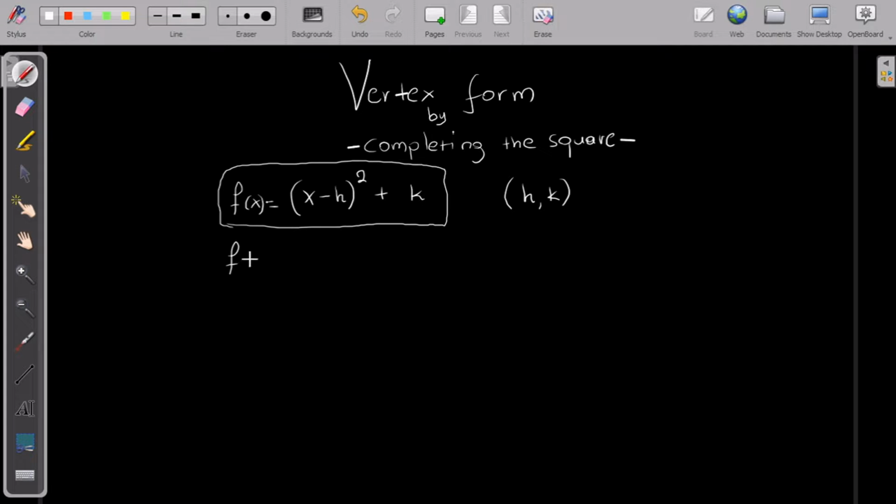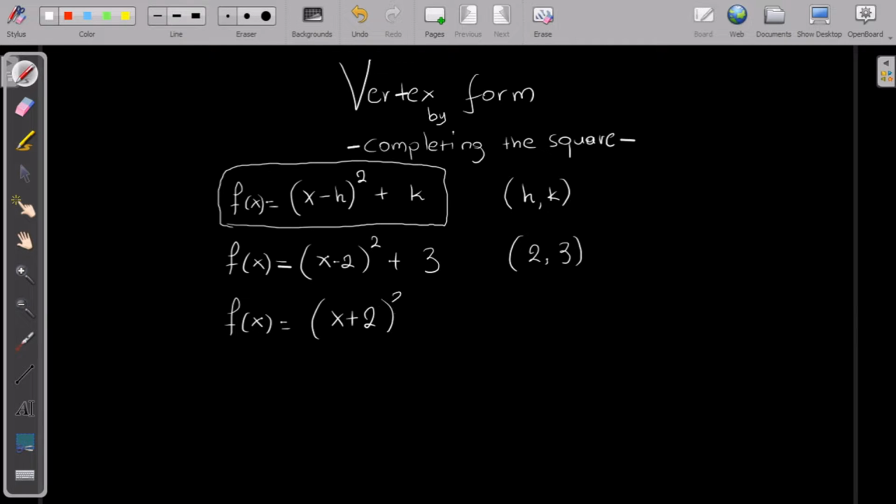So for example, if I have this quadratic, (x minus 2) to the power of 2 plus 3, then the vertex is 2, 3. If I have this quadratic, (x plus 2) to the power of 2 plus 3, then the vertex is minus 2, 3.